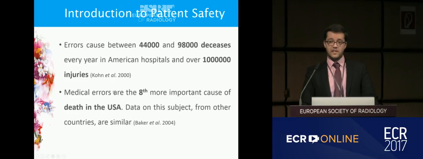Medical errors are the eighth most important cause of death in the United States, so this is quite alarming, because this is not the underlying disease of the patient, this is the healthcare. I should not say this, but somehow kill the patient.